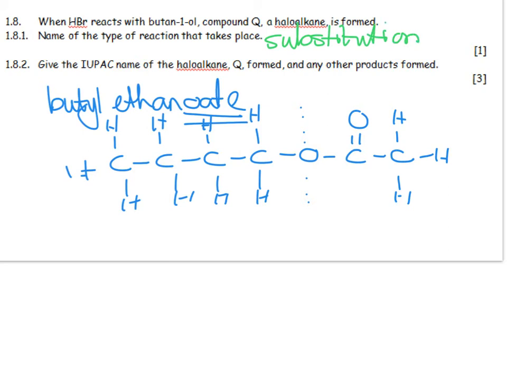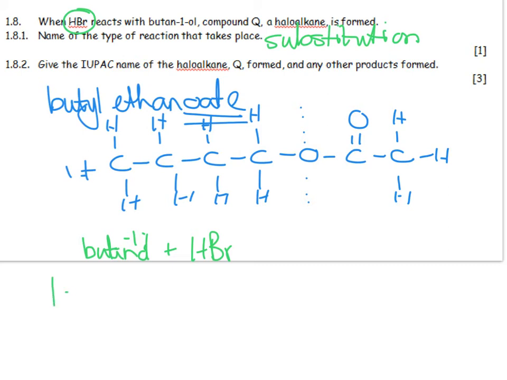Give the IUPAC name of that haloalkane that is going to be formed. So it's hydrogen bromide over there. I'm going to take the butanol, add HBr, and instead of butan-1-ol, I'm going to form 1-bromobutane, but we don't write it like that.